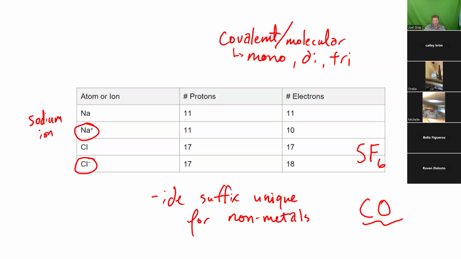There's 6 of them, so we need to use a prefix. What's your prefix for six? What I always like to do is think of shapes. If you're in the Ultimate Fighting Championship, yep, hexa. So it is sulfur hexafluoride.